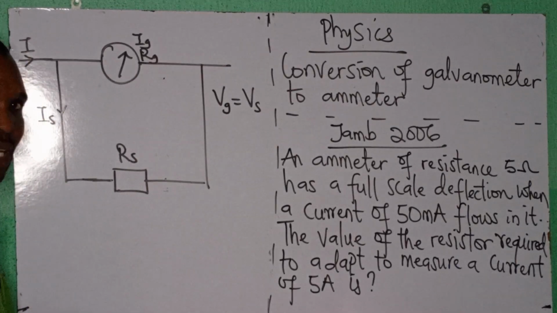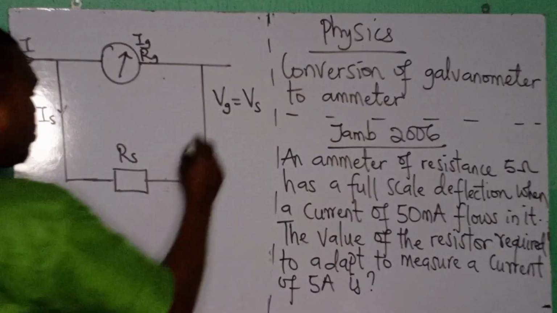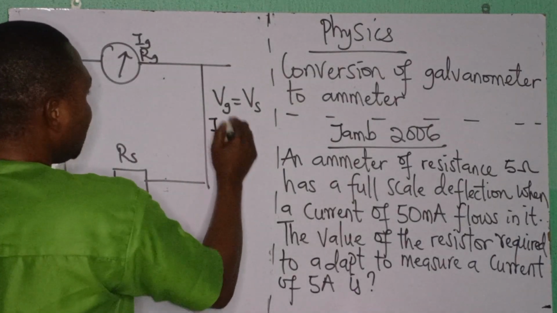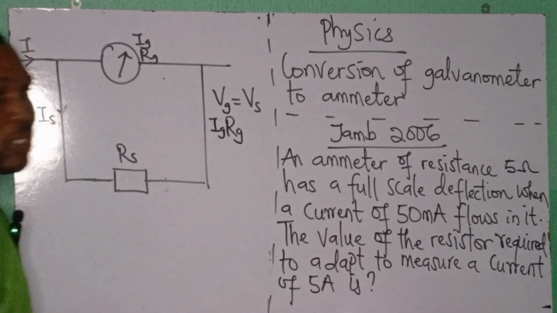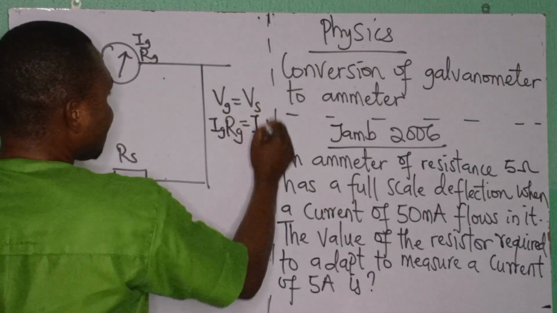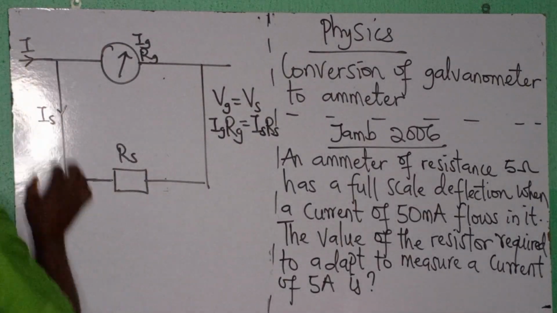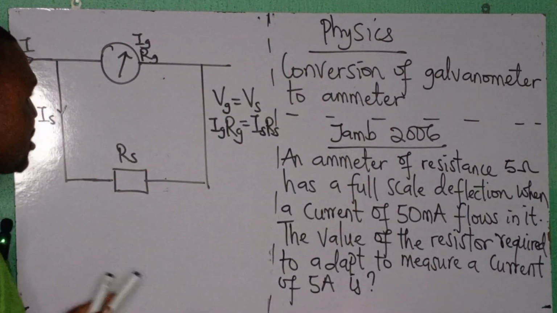They are going to be the same because they're in parallel. Now, VG from Ohm's law becomes IG RG, and VS becomes IS RS.